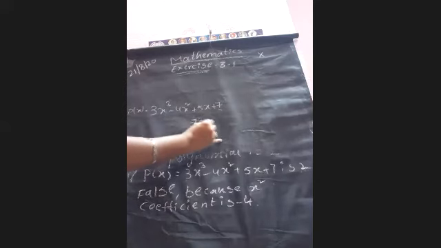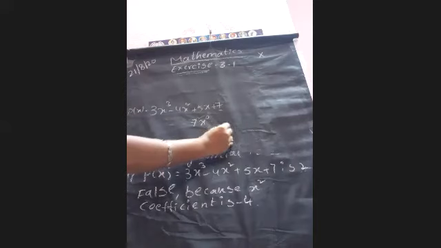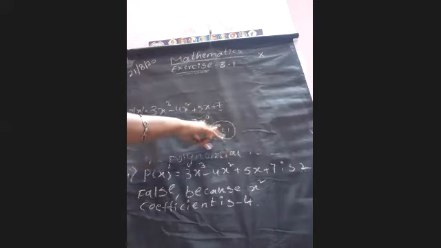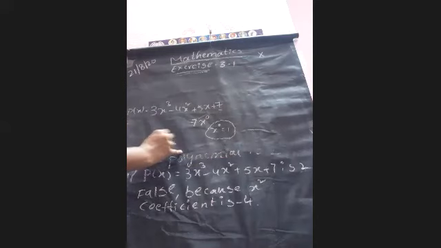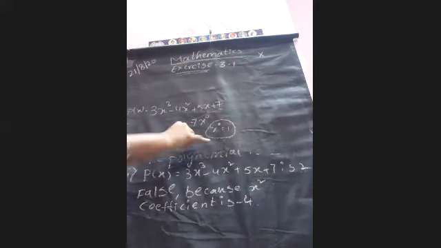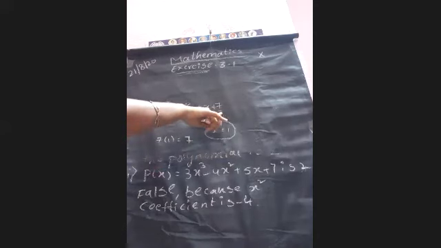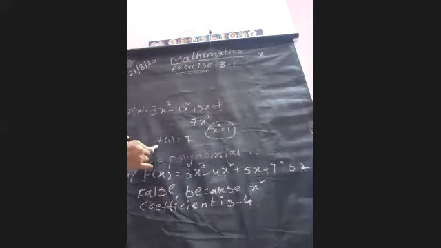If you write x power 0, what will we get? x power 0 equals 1. If you take any variable with power 0, we will get 1. 7 into 1 equals 7. So again we get the constant term only, no? So the statement is true.